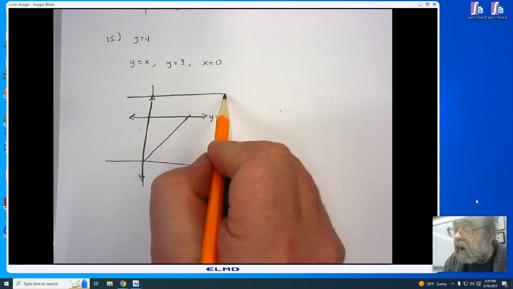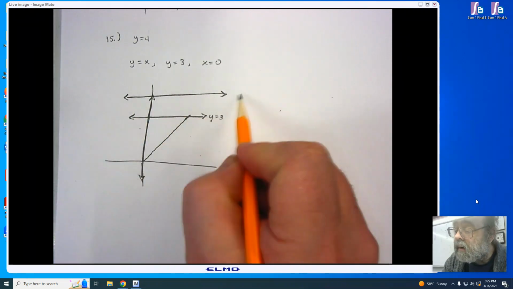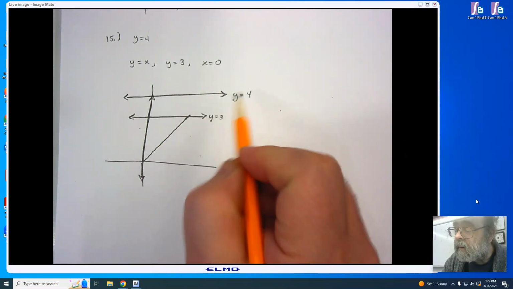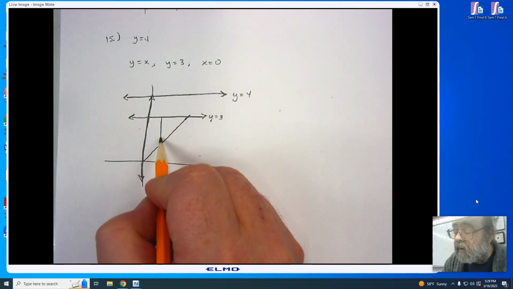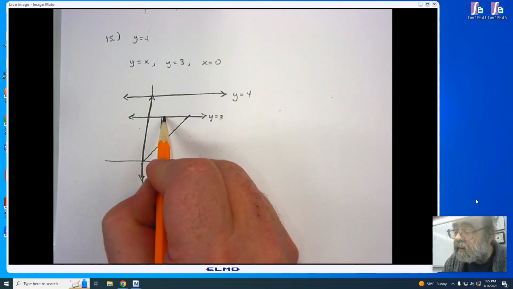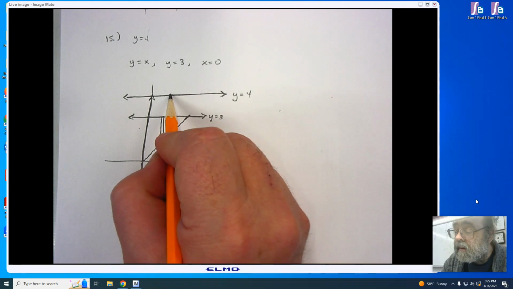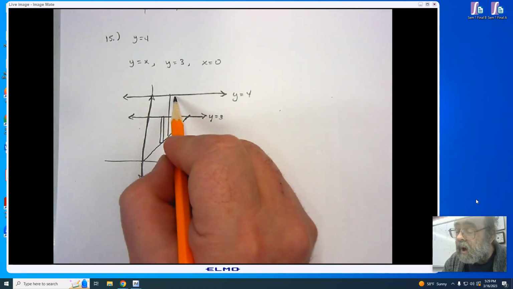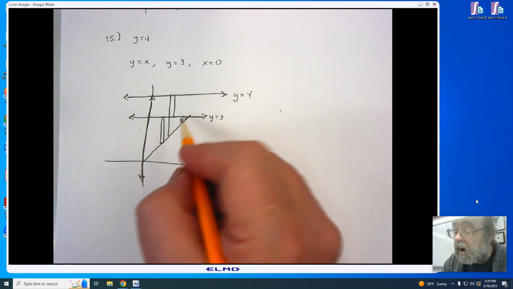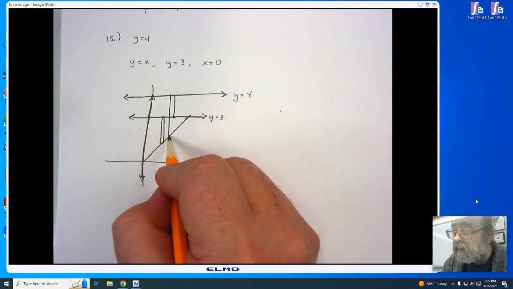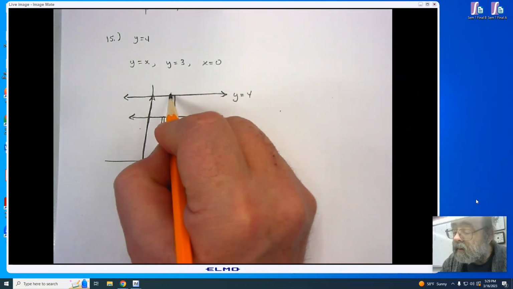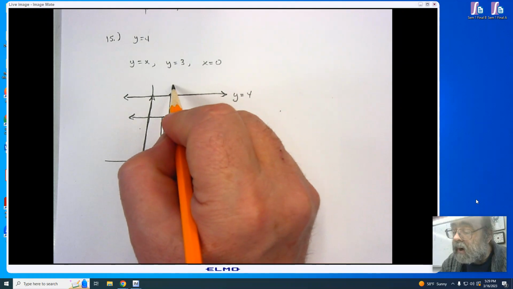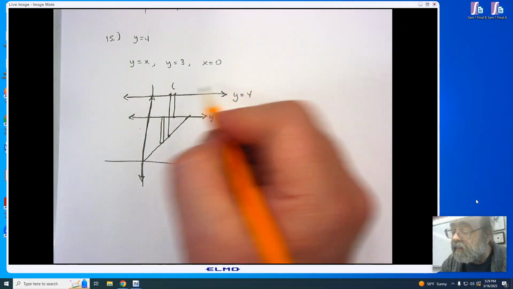We're rotating around the line up here, y equals 4. So the representative rectangle we're looking at is sitting right there. And we've got two lines, our big R and our little r. The little r is going to have this endpoint.